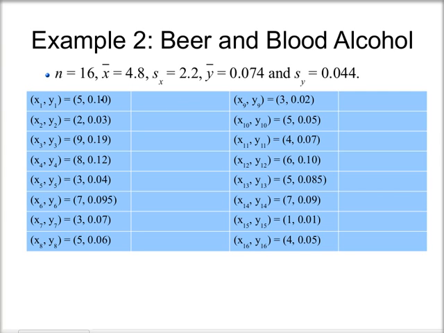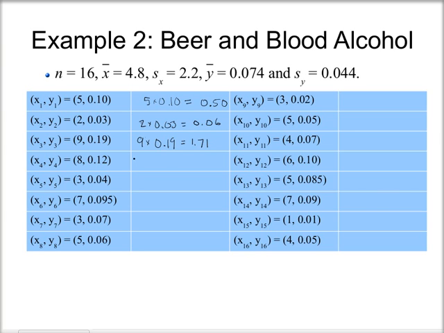Now I need to find for each of these the products. So for the first one, x1 times y1, it's going to be 5 times 0.10, which is 0.50. For x2 times y2, I've got 2 times 0.03, which is going to give me 0.06. For x3 times y3, I've got 9 times 0.19, which is equal to 1.71.